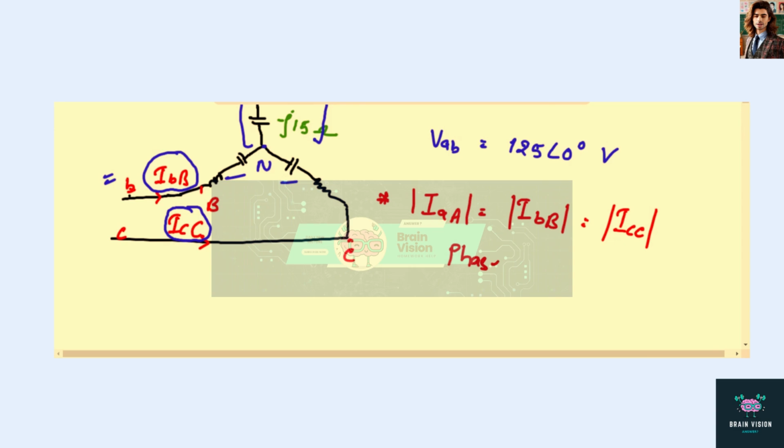If we find one, we can apply this rule to find the remaining ones. So let's find the value of I_aA.